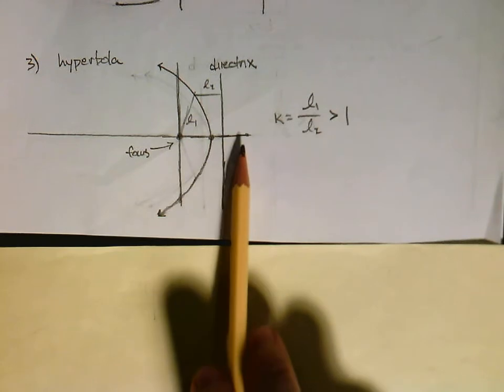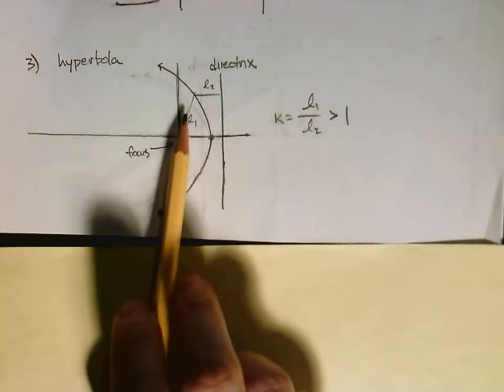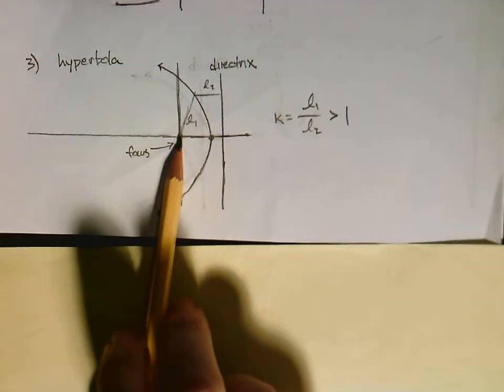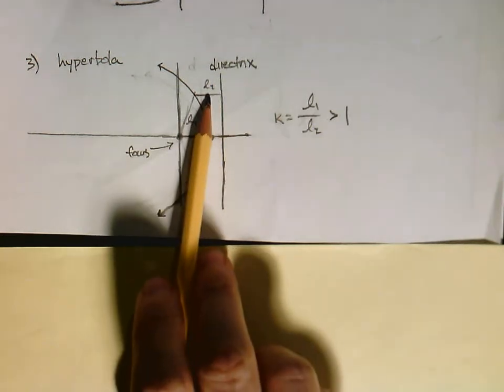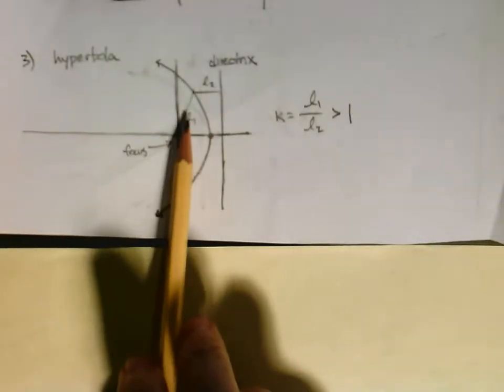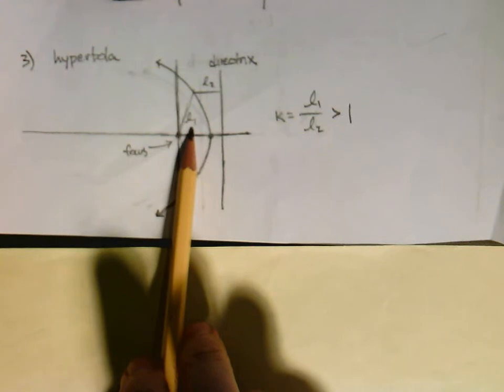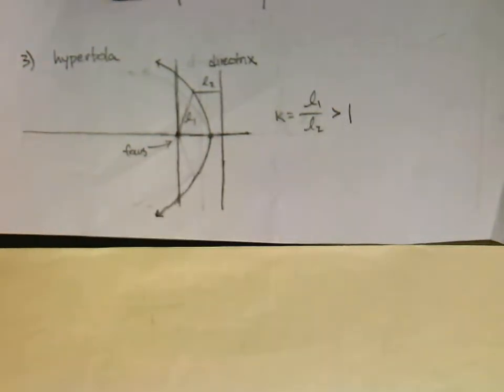This time the directrix is pushed in closer to the vertex. So if I look at any point and I find that length and then I find that length, L2 is smaller than L1, so if I take the ratio L1 over L2, I get a number greater than 1.